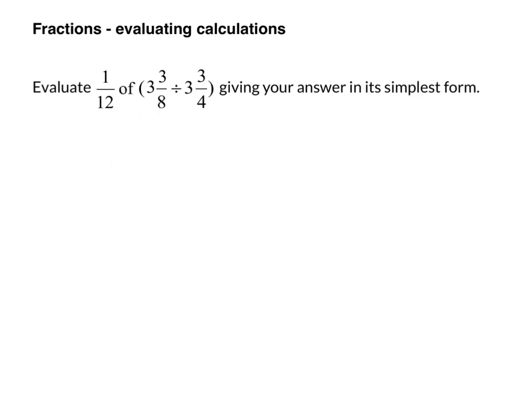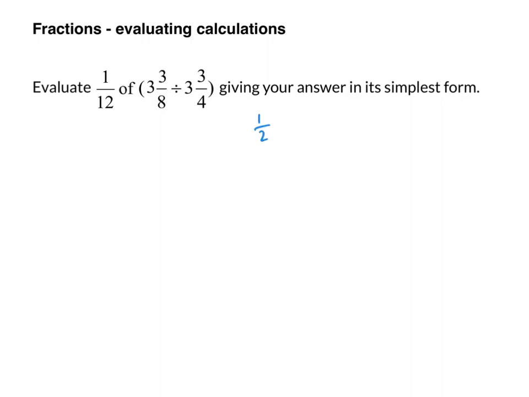Now, here we've got another evaluation question, another bunch of mixed numbers. I've got some brackets involved. I've also got the word of. What you need to realise in a calculation, finding a fraction of an amount is the same as multiplication. Justify that just over at the side here.